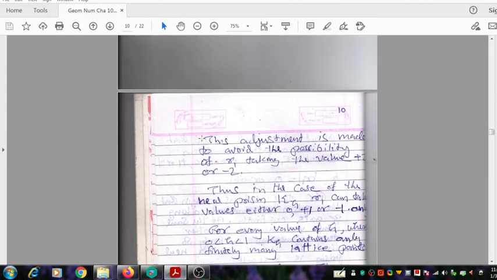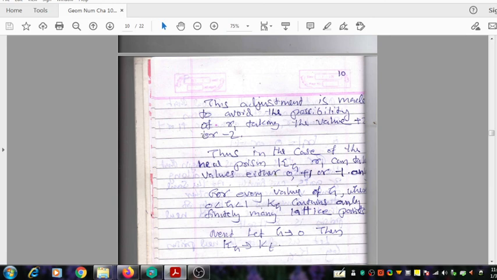Why do we need this adjustment? We make this adjustment very purposefully. Adjustment means reducing or shrinking along the z-axis and simultaneously expanding along the other two axes, x and y.